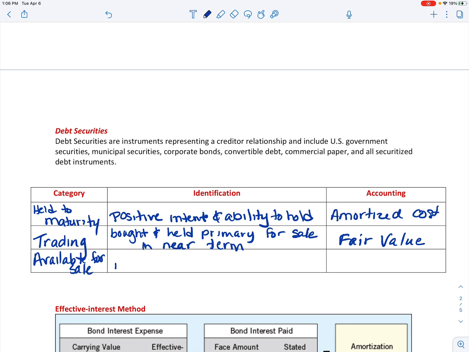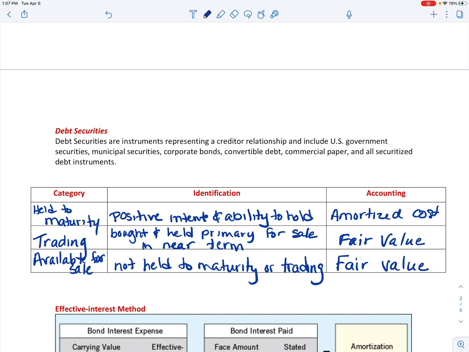It's saying it's not held to maturity or trading. Basically, it's the catch-all category. For those, we record those also at fair value.